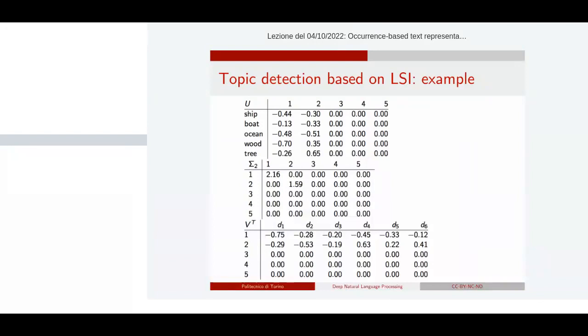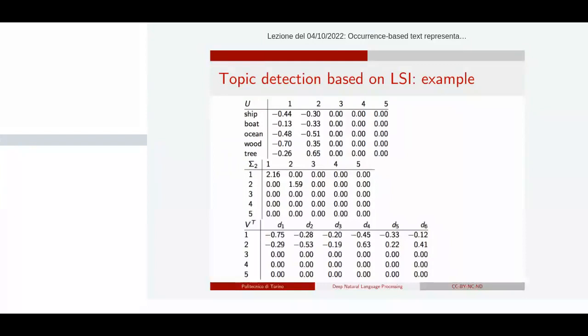Without doing any reduction, it may be the case that the diagonal matrix contains many non-zero values. Not only 2. 2 is of course the optimal case, just a very summarized description of your topics. But in some cases, you get 10 topics, 15 topics, whatever. So the matrix is not full of 0 in the diagonal. So you have to reduce.